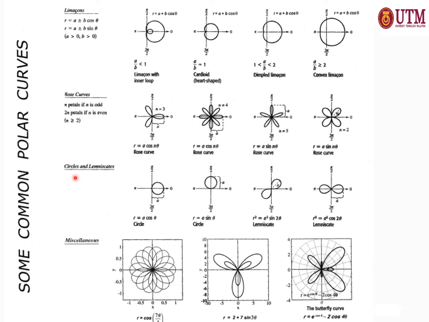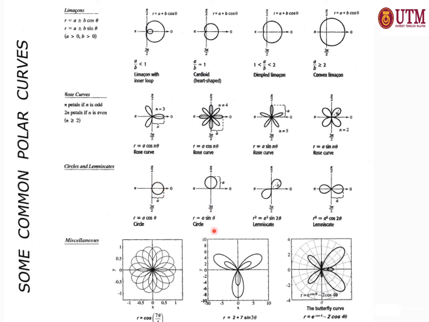So the next one is on circles and lemniscates. Here we have r equals a cos theta, where the shape of this equation is a circle. a refers to the diameter of the circle. And cos theta is on the x-axis.